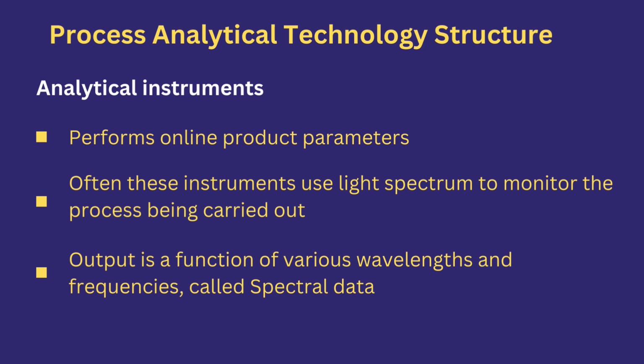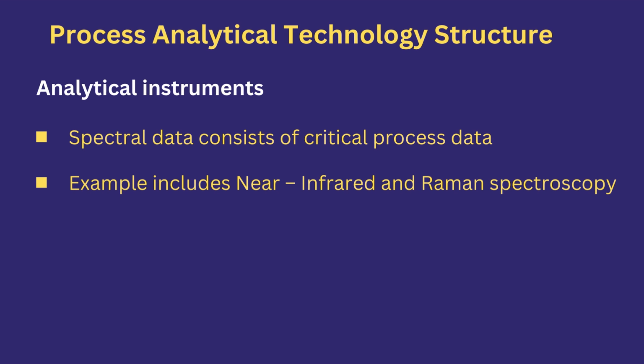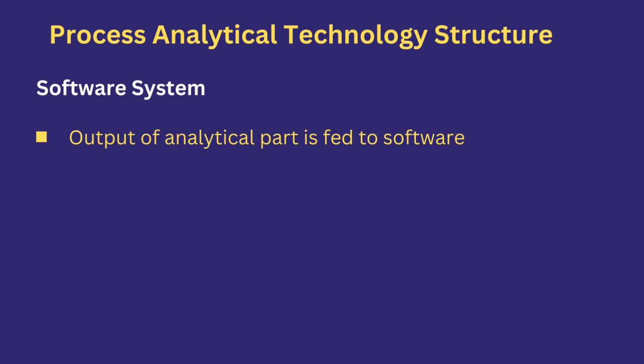The output of these instruments is a function of various wavelengths and frequencies. This type of data is called spectral data. Spectral data consists of relevant information for a process and product. Examples of such instruments include near-infrared and Raman spectroscopy.